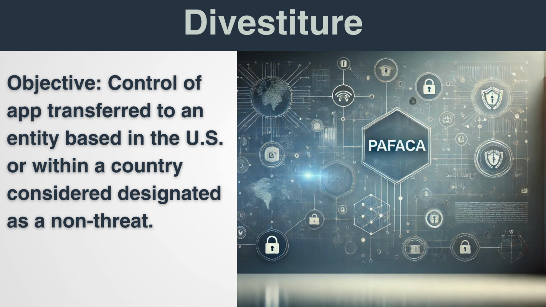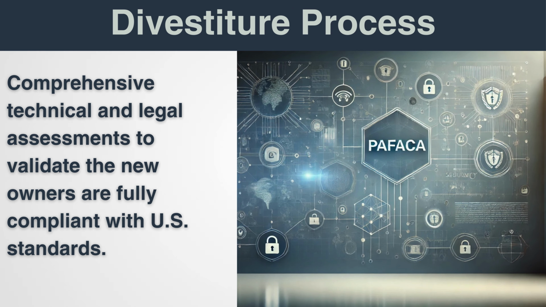The primary goal of the divestiture requirement is to transfer the app's control to an entity based in the United States or one neutral from the perspective of U.S. national security. This process involves comprehensive technical and legal assessments to ensure that the newly aligned entity complies fully with U.S. security and operational standards.